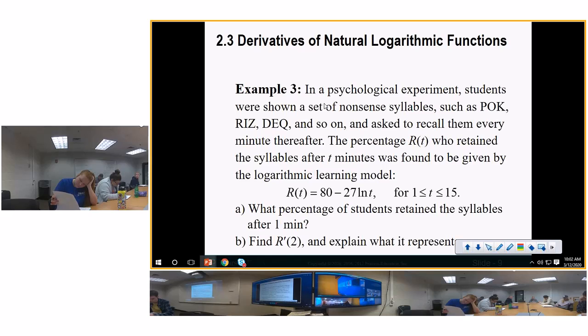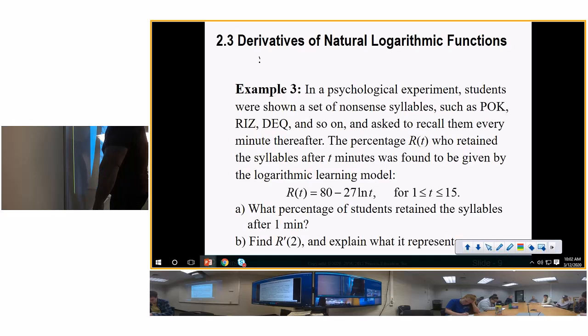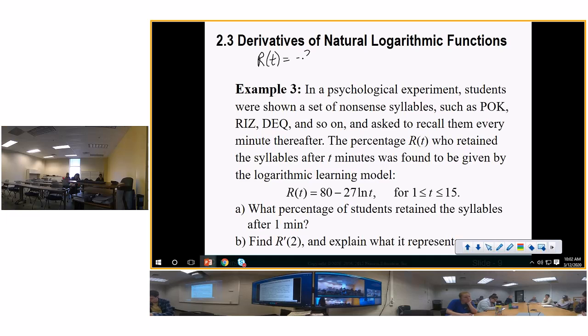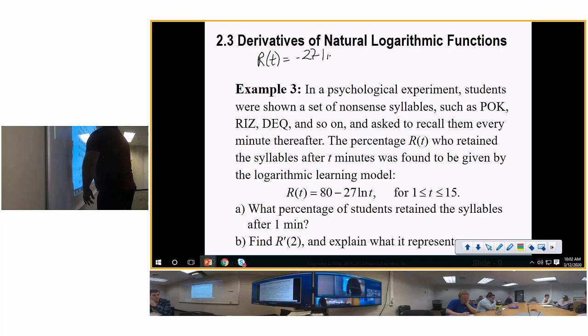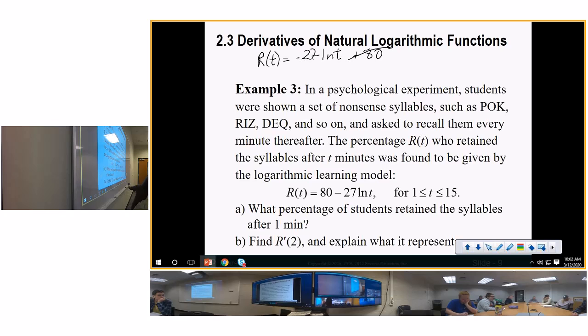All right, so here we go. If we took the derivative of R of T, then I'm going to rewrite it first because I don't believe in writing it like that. So R of T is equal to negative 27 natural log of T plus 80. And of course the 80 would go away because the derivative of 80 is what? 0.